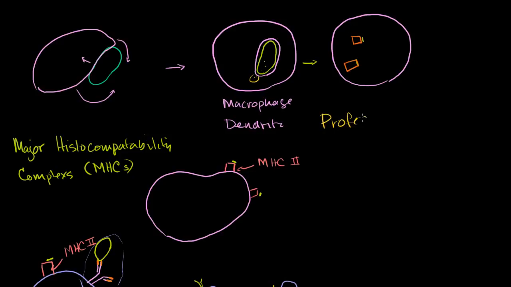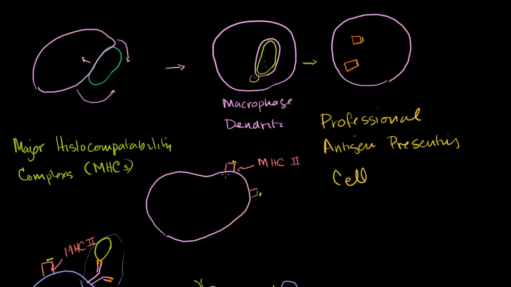Professional. This is what they do for a living, although they do other things, as we've seen. The phagocytes eat things. The B cells generate antibodies or memories so that they can later be activated to generate antibodies. But these are called professional antigen presenting cells.